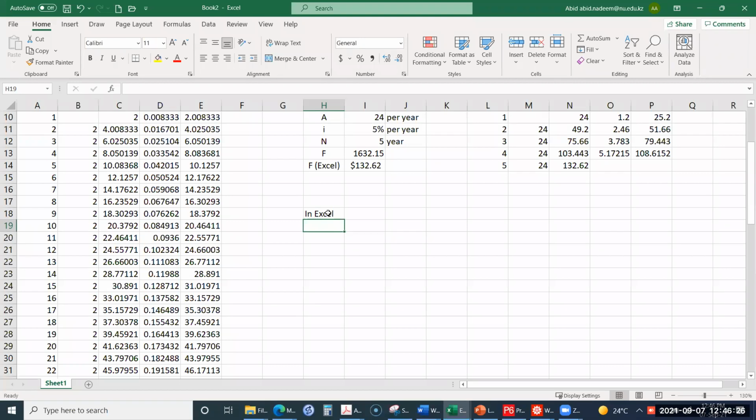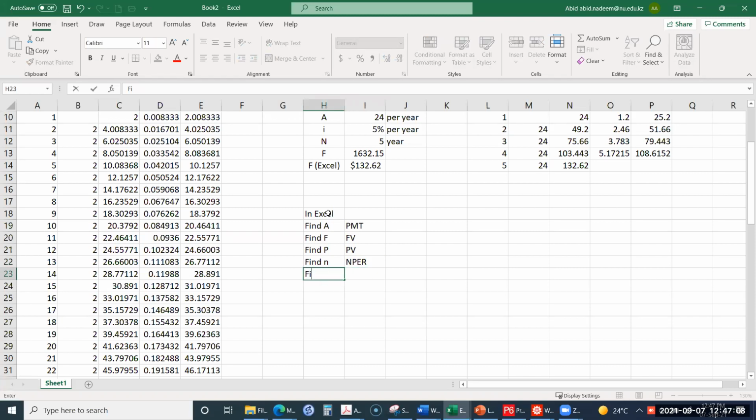So if you want to find A, then you will use the PMT function. If you want to find F, you will use the FV function. If you want to find P, then you will use the PV function. If you want to find N, you will use the NPER function in Excel.